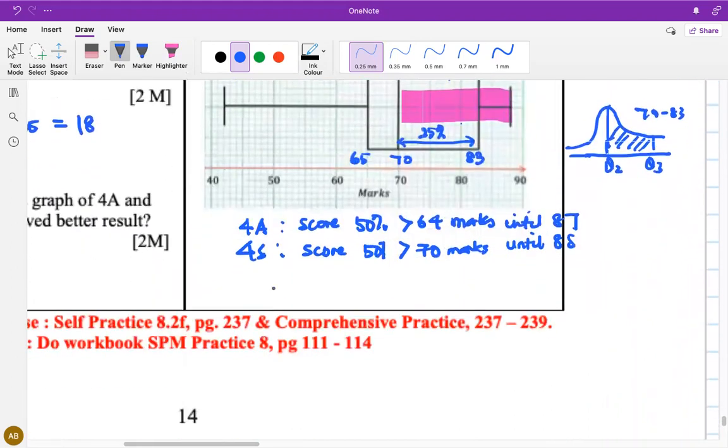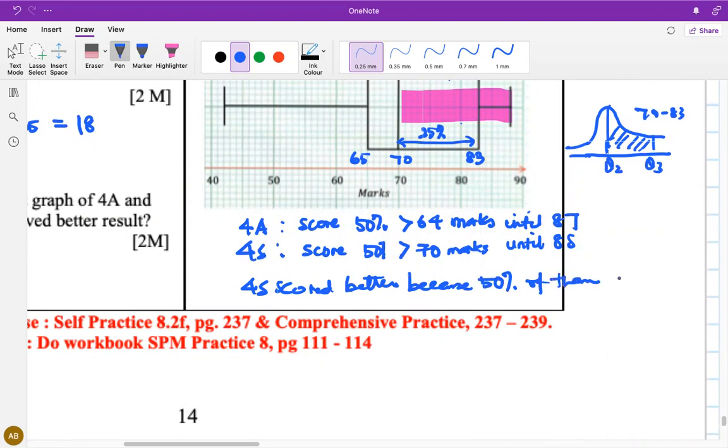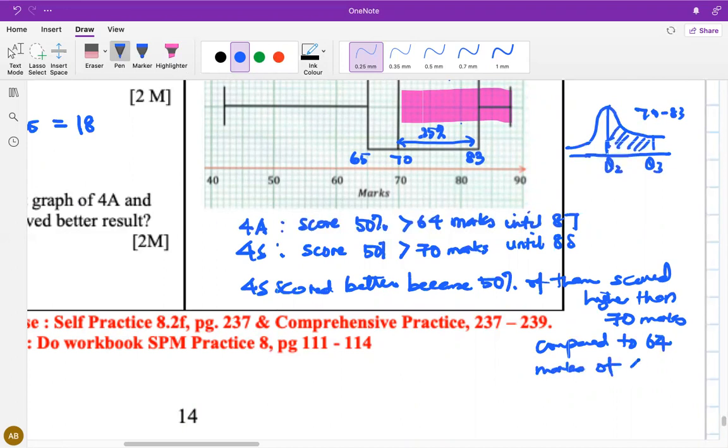So therefore 4S scored better, because 50% of them scored higher than 70 marks compared to 64 marks of 4A.